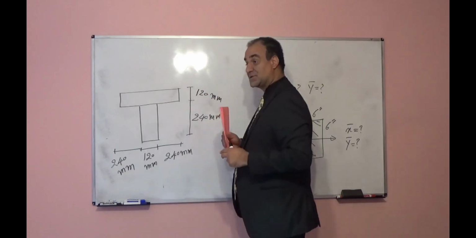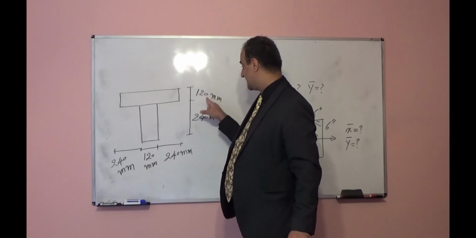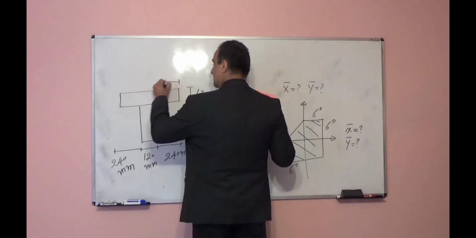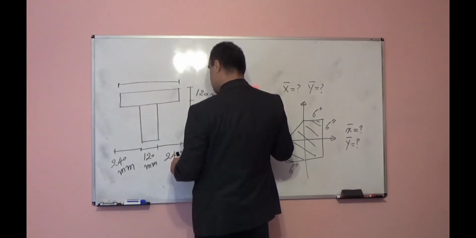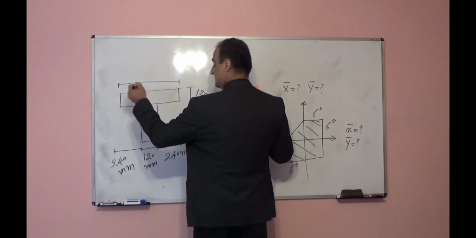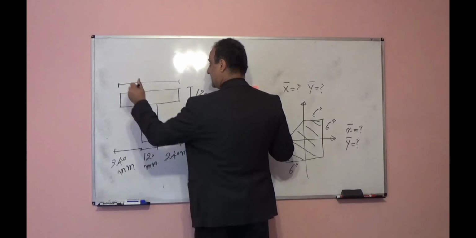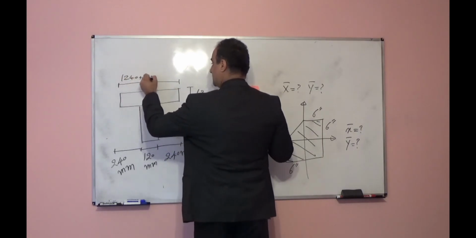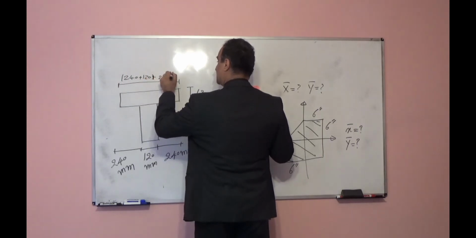So the entire length of the flange will be 240 plus 120 plus 240 millimeter.